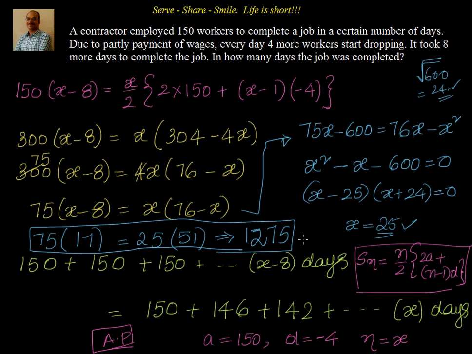In this scenario, where the efficiency of each worker is the same, we calculate how many workers reported in both scenarios. The total number of workers reported in both scenarios is equal, that's nothing but the work done in both scenarios is equal. So you get a quadratic equation, we solve it, and we get x = 25. That means it took 25 days to finish the work in the actual scenario, when workers were not coming 150 every day but dropping day by day.